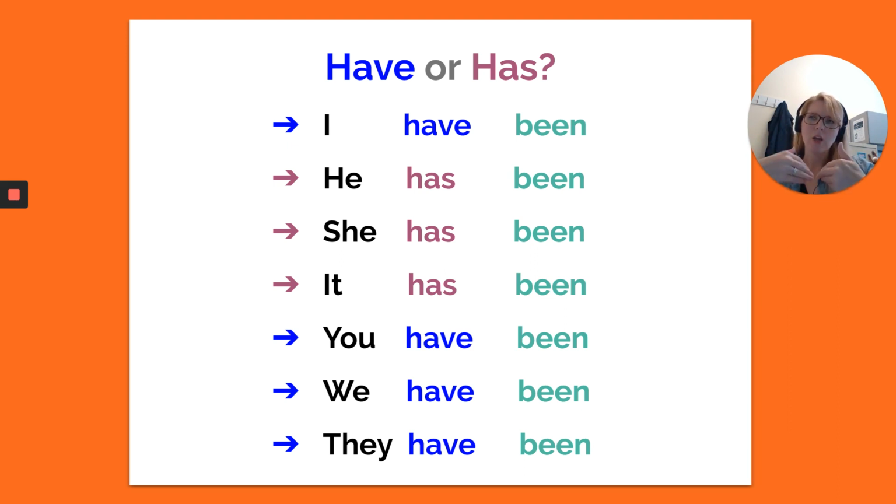I am, you, we, they are, he, she, it is. We have that S there. And then the past participle. And you'll see for I, he, she, you, we, they, it, the past participle, been, or gone, or done, is the same. That doesn't change. The only thing that changes is have or has.